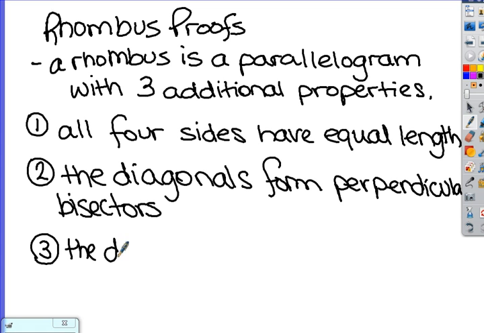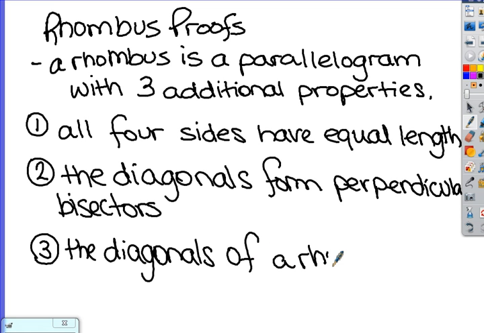Property number 3. The diagonals of a rhombus bisect the angles of the rhombus.